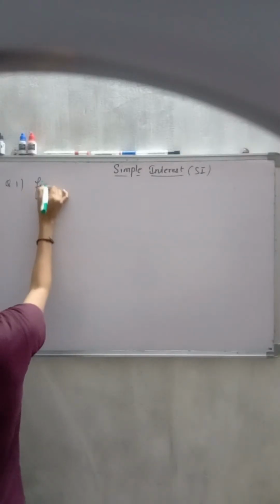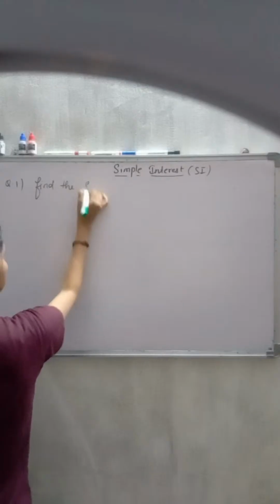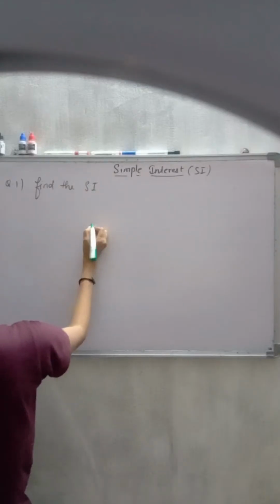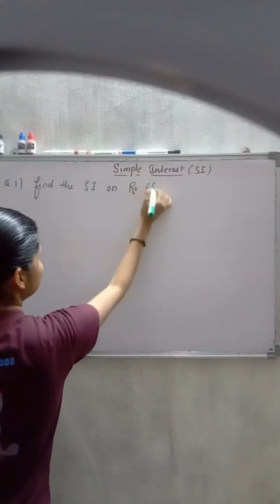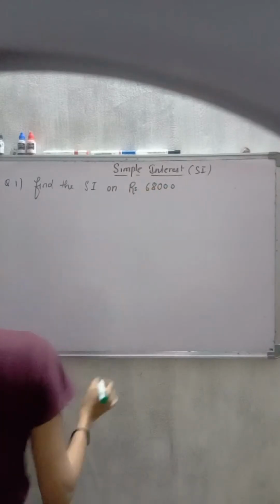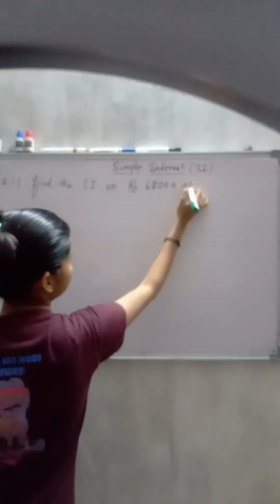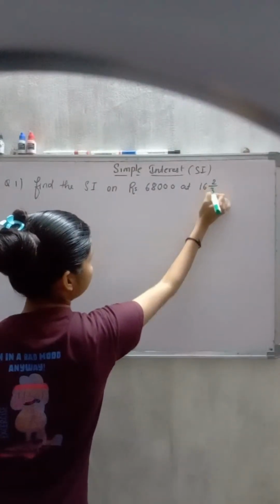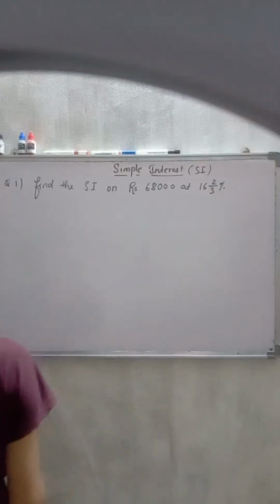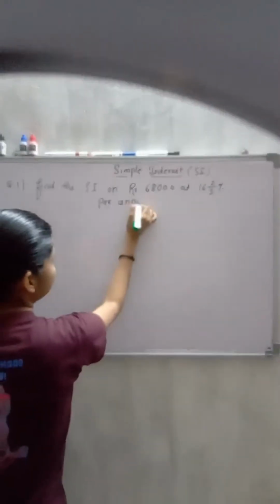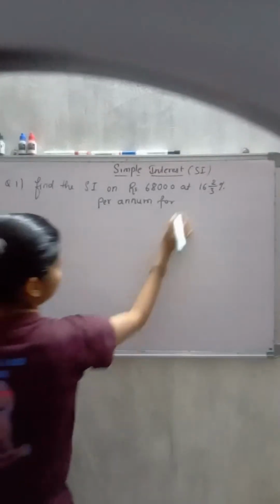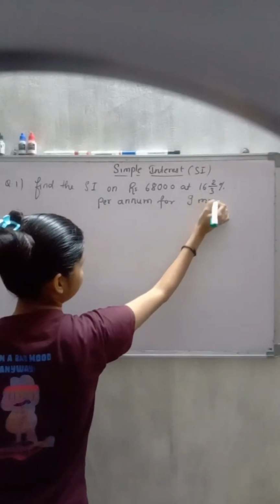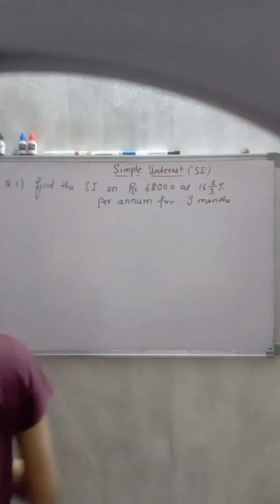Find the simple interest on rupees 68,000 at 16 2/3% per annum for 9 months. So let's solve this question.